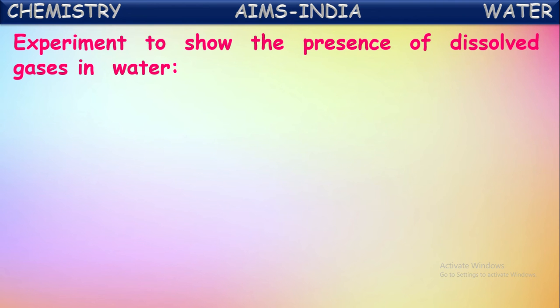Okay, now let us see one more experimental setup description which proves the presence of dissolved gases in the water. Yes, the water which we are drinking contains not only dissolved salts, it also contains certain dissolved gases. The presence of these gases dissolved in water can be proved by a simple experiment. Let us see how it is done here.